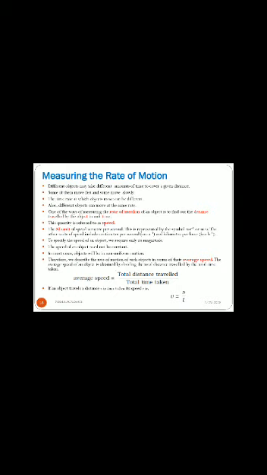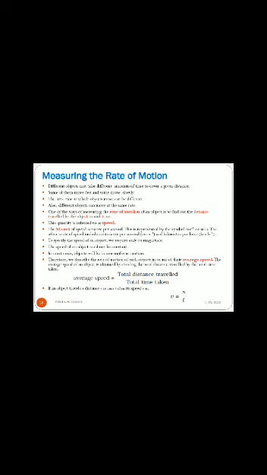Measuring the rate of motion. You can measure the rate of motion. When we are measuring motion, we are measuring it with respect to time, because time is an important part while measuring something. Different objects may take different amounts of time to cover the distance.